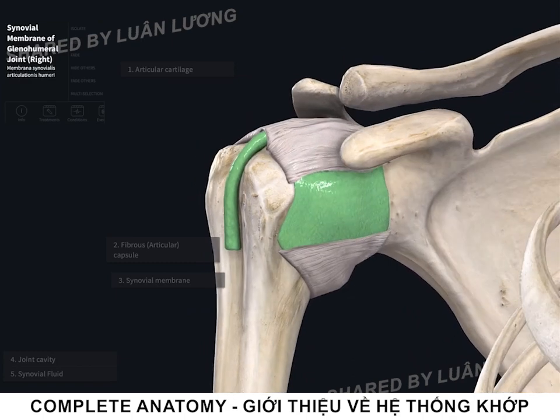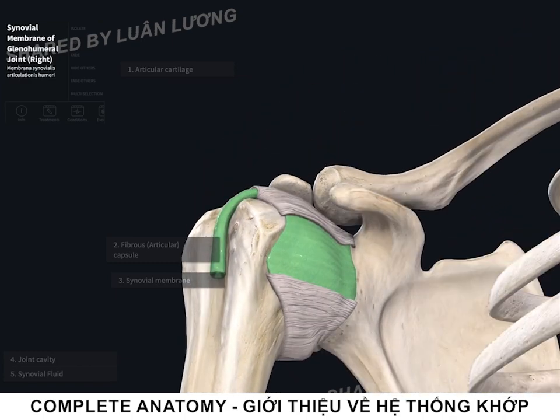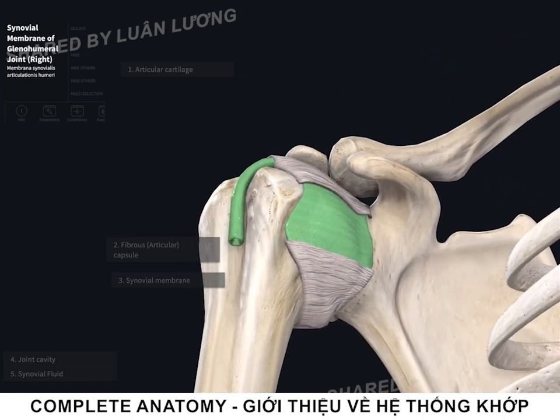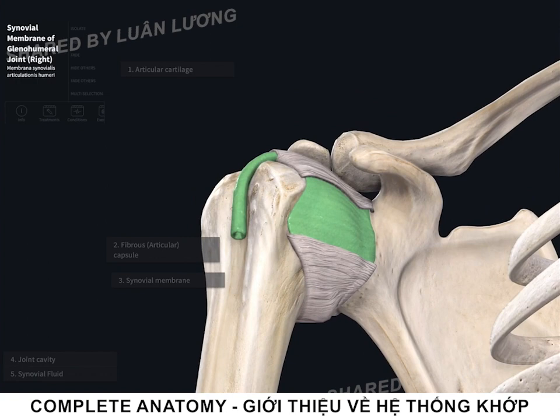Now, the synovial membrane in some cases is also going to wrap around the surrounding tendons that will pass through the actual joint capsule, like we see here in the shoulder. But the synovial membrane is going to line the inner aspect of that capsule, and it's going to be made up of the soft tissue that is going to surround the inner aspect of the joint.